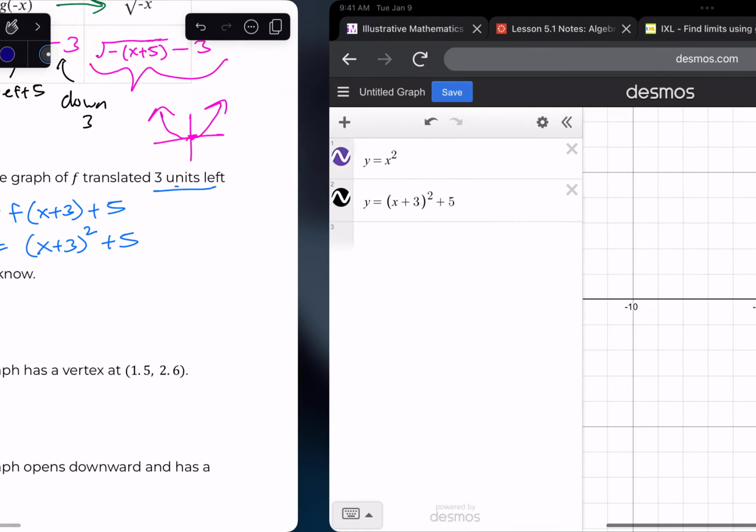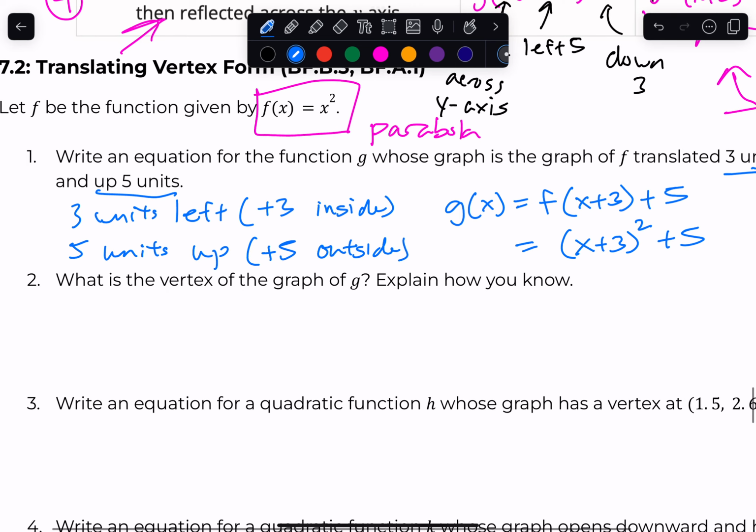So it says, what is the vertex of the graph of g? I would say that the vertex is negative 3, 5.